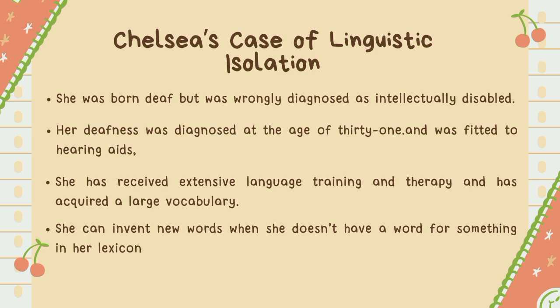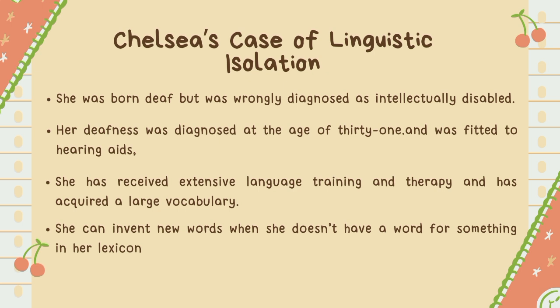Chelsea was born deaf, but instead of being correctly diagnosed, she was mistakenly identified as intellectually disabled. This incorrect diagnosis meant she did not receive the appropriate interventions for her condition. It wasn't until Chelsea was 31 years old that her deafness was accurately diagnosed.